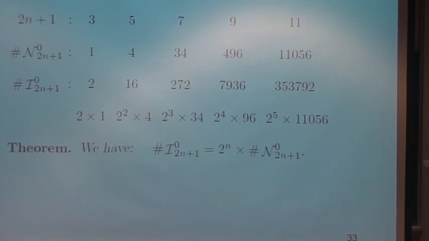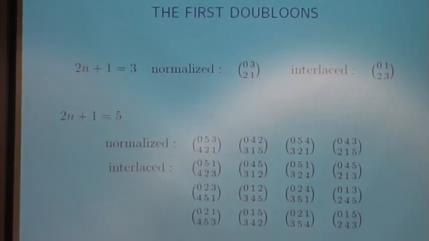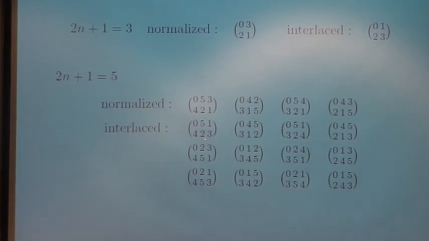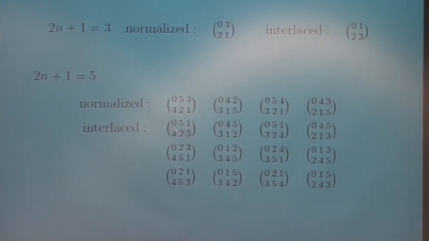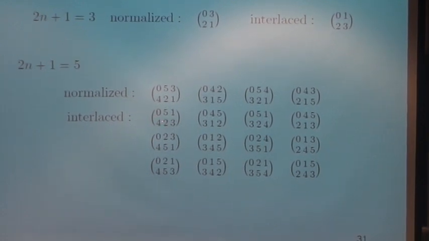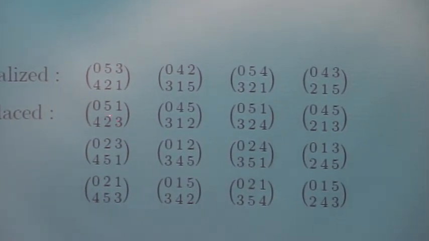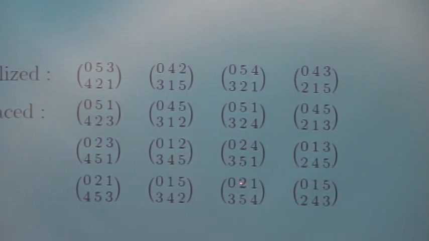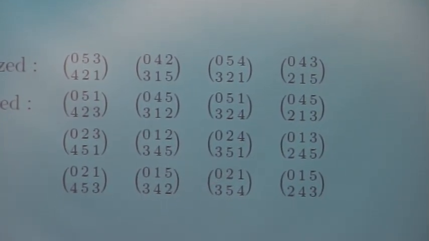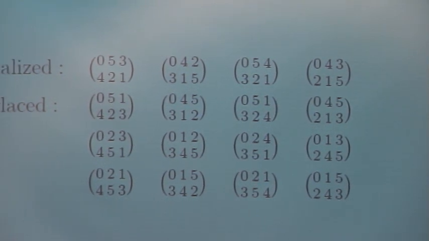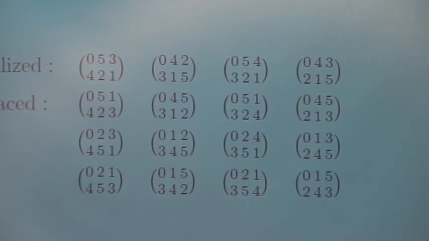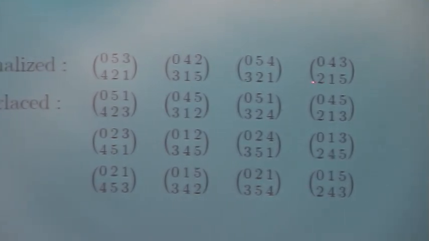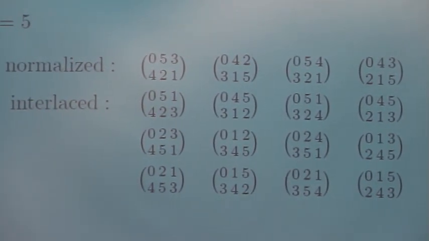Oh, I'm sorry, I go too fast. 2 lies between 0 and 4, 3 lies between, take this one. 2 lies between 0 and 3, 4 lies between 0 and 5. And we have to verify here that there are 4 normalized.